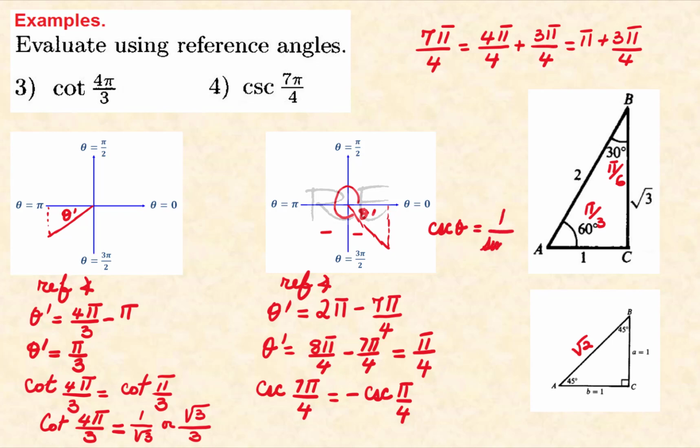Cosecant theta is equal to 1 over sine theta, and sine theta is negative in the fourth quadrant. So cosecant 7 pi over 4 is equal to negative, and what is the value of cosecant pi over 4? Square root of 2 over 1.